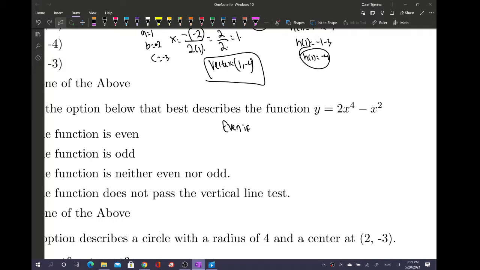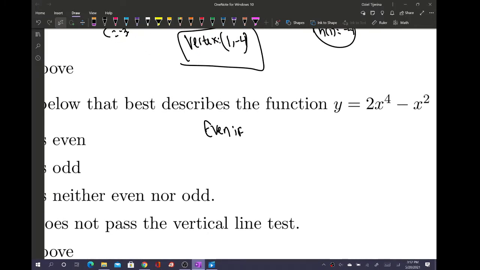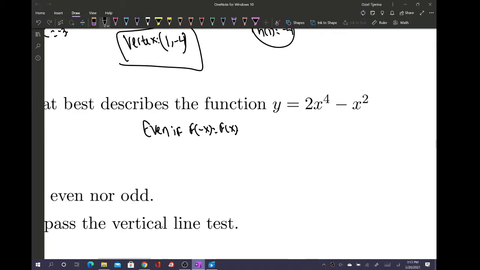Okay, so there's a rule: the function is even if f of -x equals f of x. And we have f of x equals 2x to the 4th minus x squared.